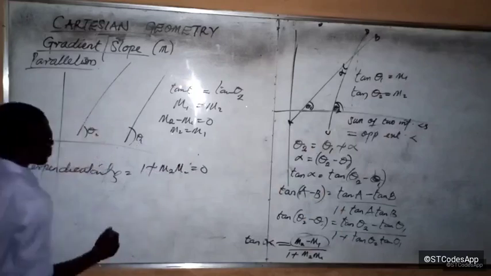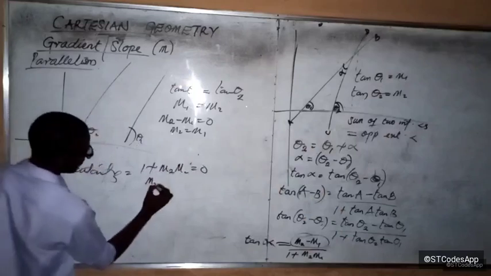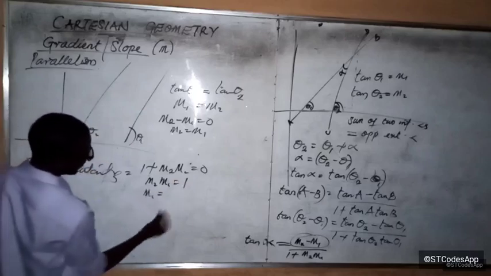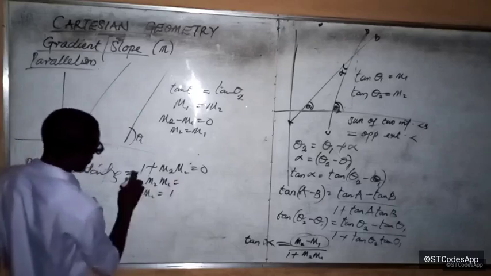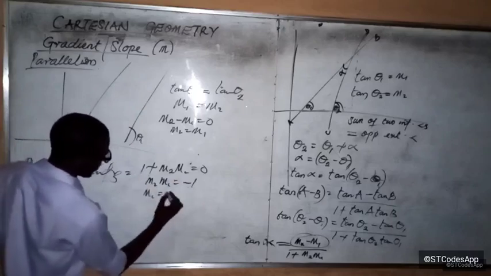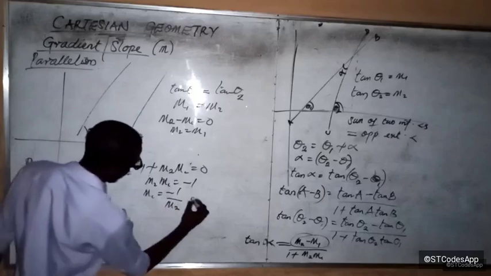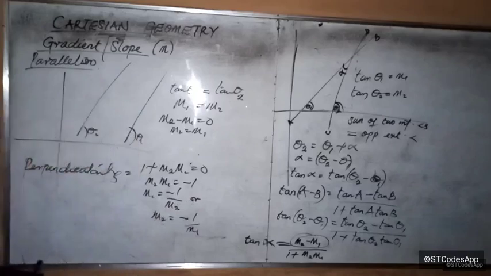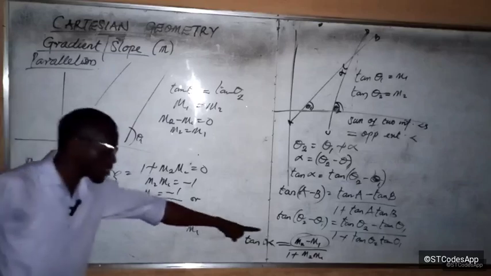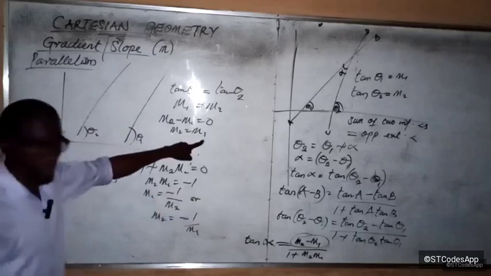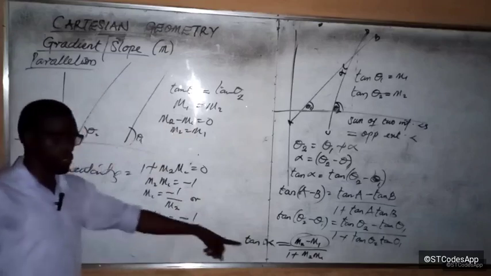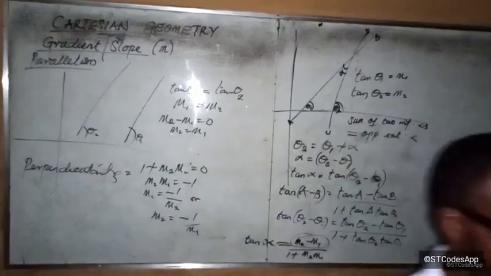If this is equal to 0, therefore we have m2 m1 is equal to minus 1. So m1 will be equal to minus 1 over m2, or m2 is equal to minus 1 over m1. So the condition for parallelism is when the numerator is equal to 0, so m1 equals m2, and for perpendicularity, the denominator is 0, and we have this.